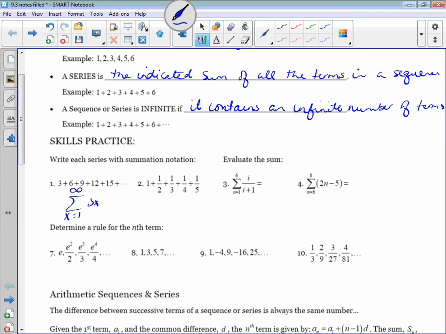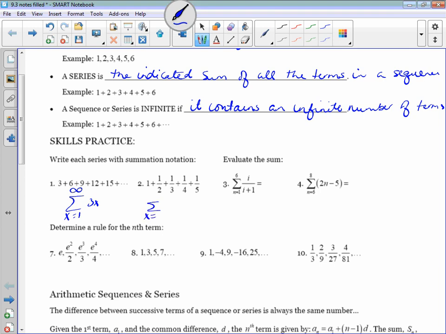Okay, you guys write number 2. Write that with summation notation. We have our big sigma.